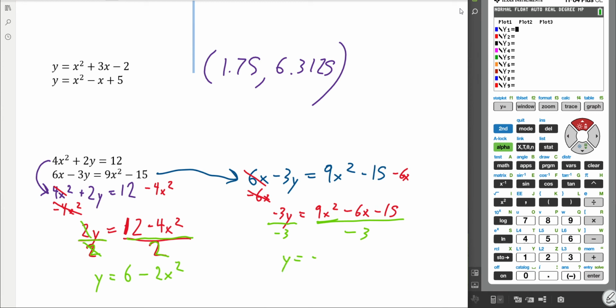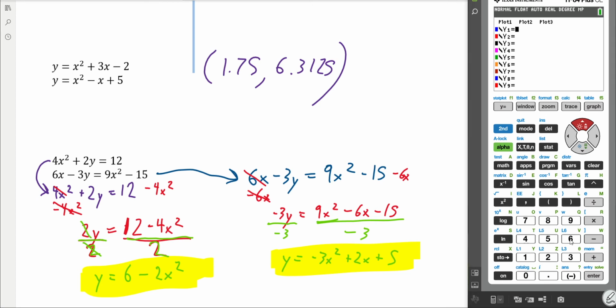negative 3x squared plus 2x plus 5. There you go. So now we have two equations. Let's see if I can just highlight those two equations that we're going to plug into our calculators.